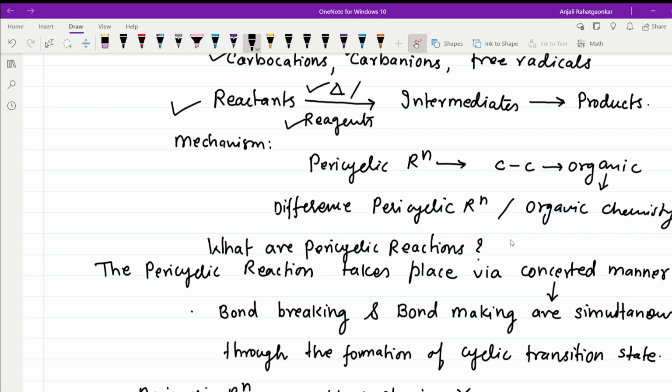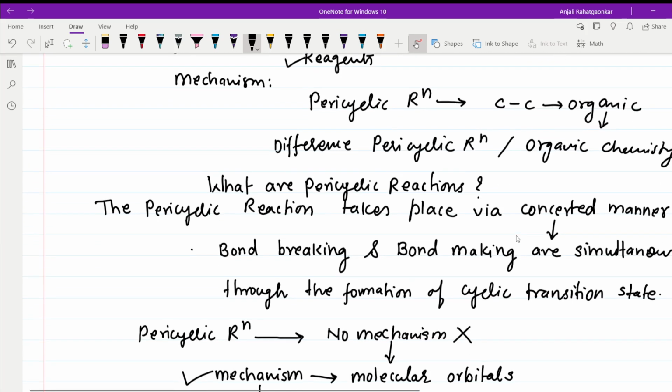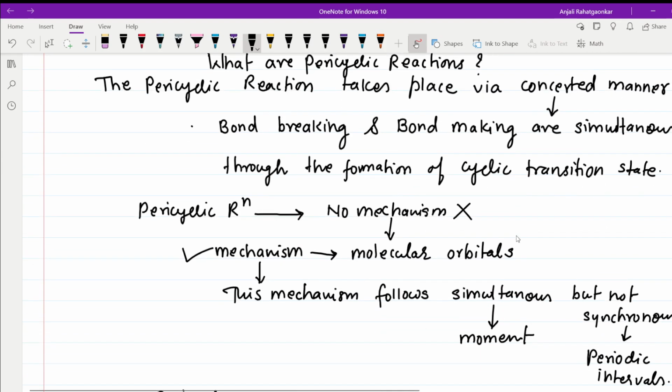Now how it is different and why it is different is also explained via the definition. The definition tells you that the reaction takes place in a concerted manner. Concerted means bond breaking and bond making take place at the same time. Another terminology I have introduced is that this mechanism follows the simultaneous way but not synchronous.